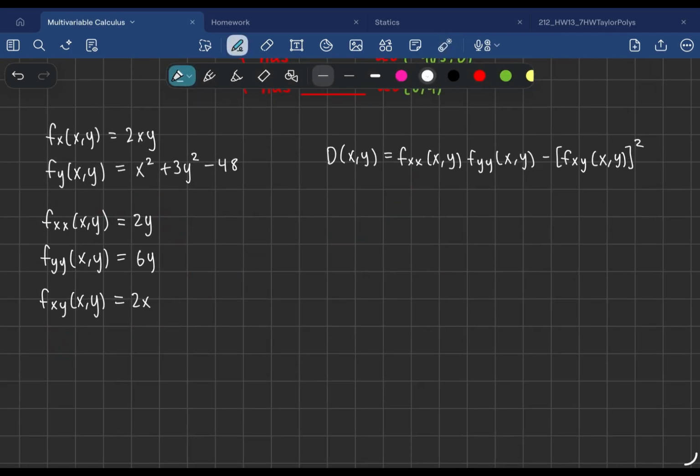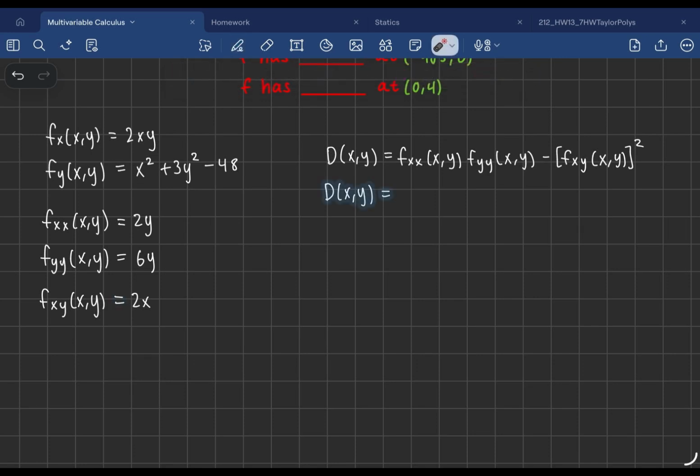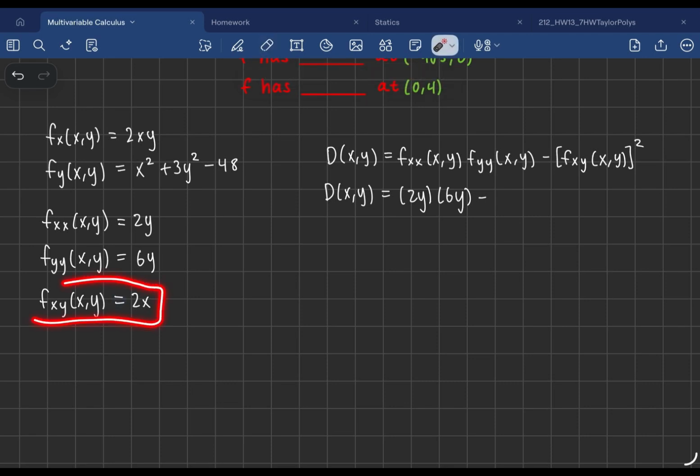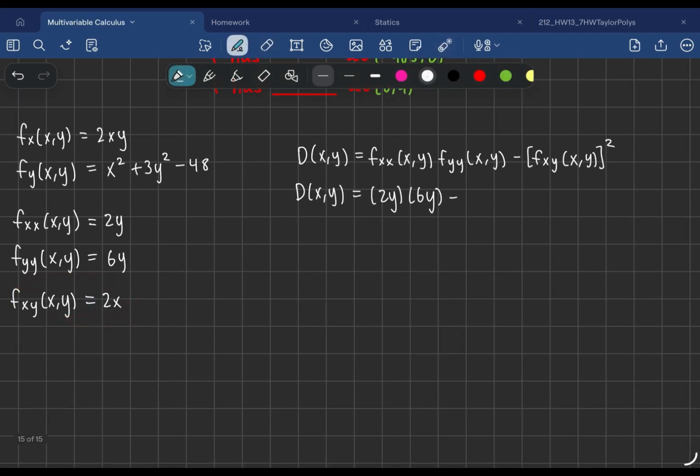So we can rewrite this as D of x and y equals f sub xx is here, 2y, f sub yy is 6y, minus f sub xy squared. You'll get 2x squared, which simplifies to 4x squared. And this simplifies to 12y squared. So that's our formula.